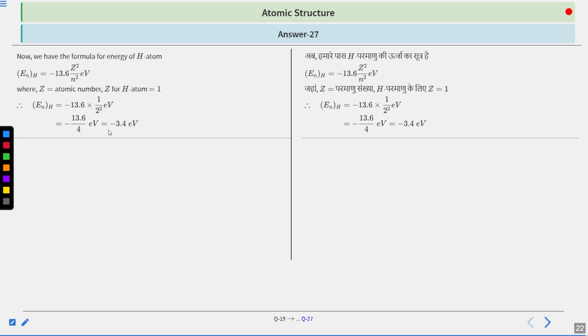So putting all these things, En of H will be minus 13.6 into 1 by 2 square electron volt. That will give you minus 3.4 electron volt as your correct answer. Clear? So this question is solved in this way. Thank you.